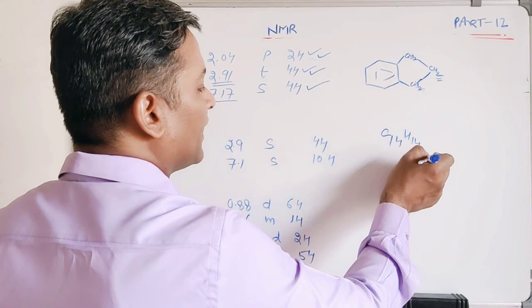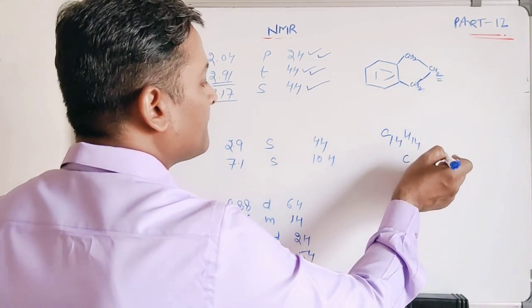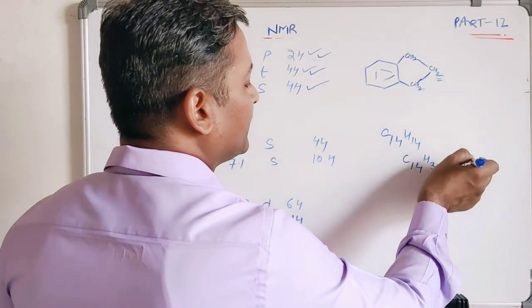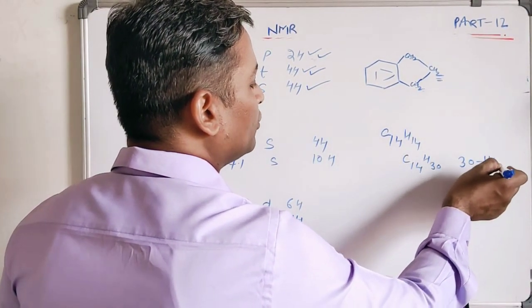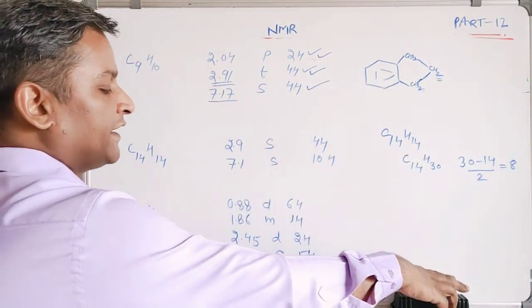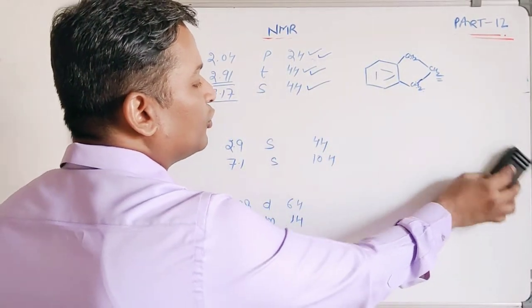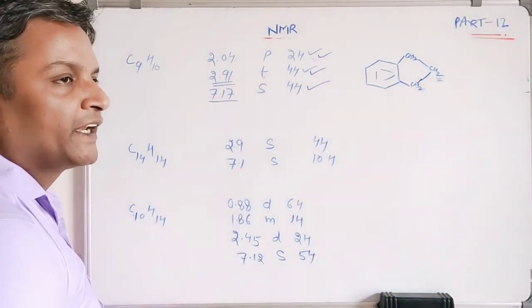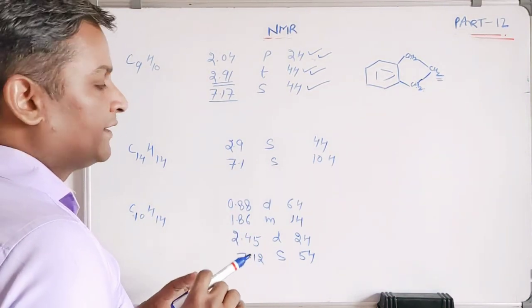C14, H30, then 30 minus 14 divided by 2 is equal to 8. So degree of unsaturation in this case is 8. It means that this compound must be containing at least 2 benzenic systems. Only then degree of unsaturation can be equal to 8.